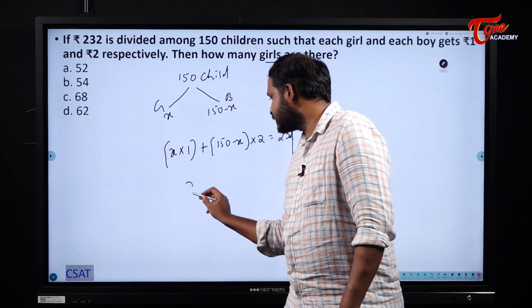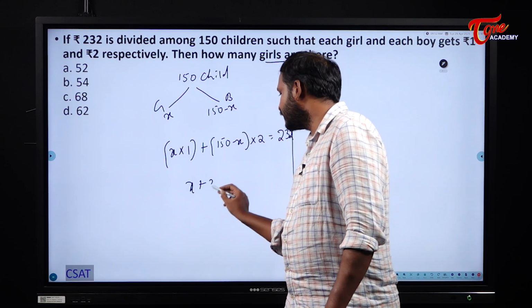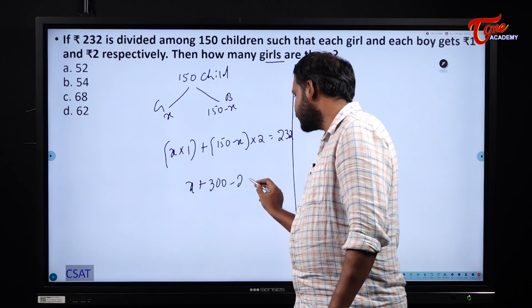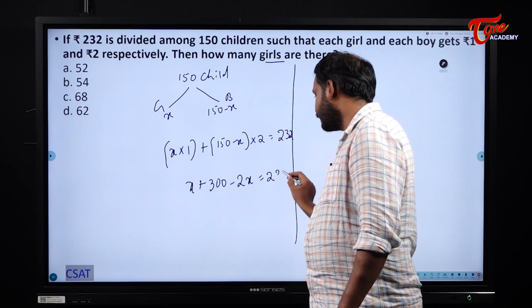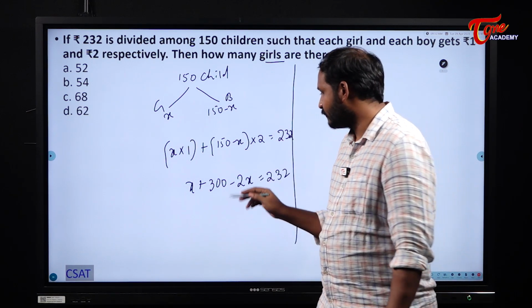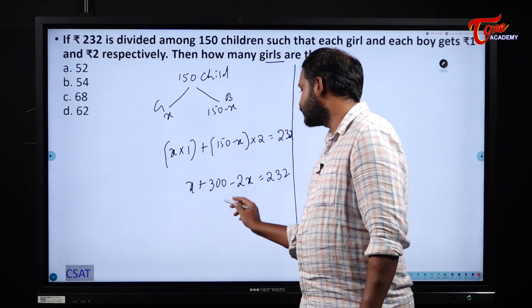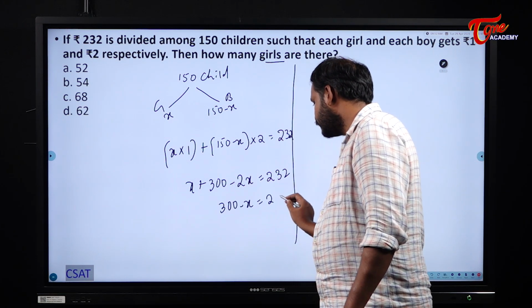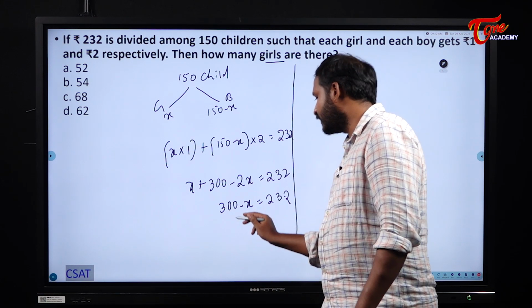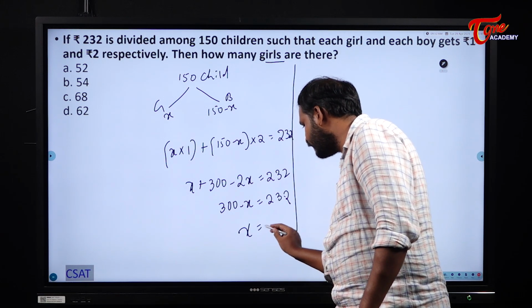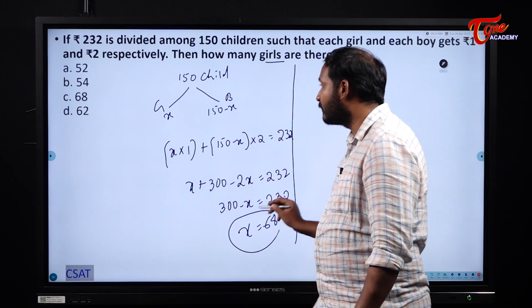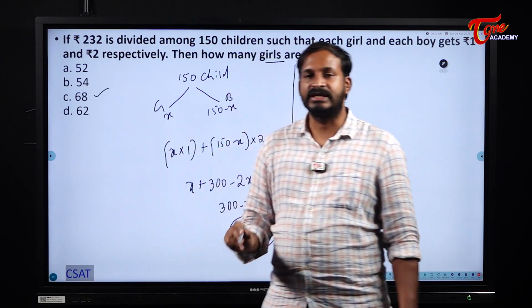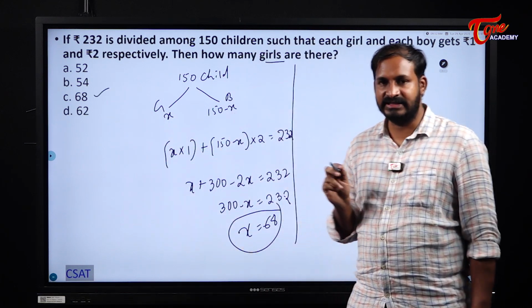So X plus 150 into 2, this will become X plus 300 minus 2X, that is equal to 232. Now X minus 2X, it will become 300 minus X is equal to 232. Now I will send X to this side and 232 to that side. So the X value will become 68. So the total number of girls here is 68. This is the general method.